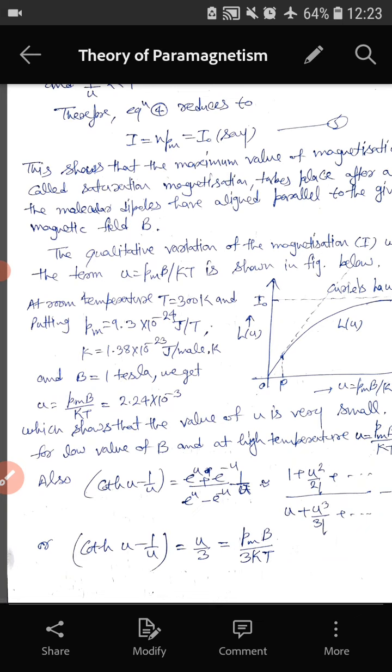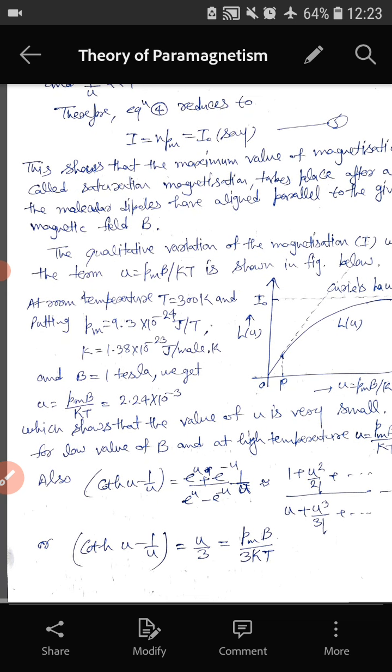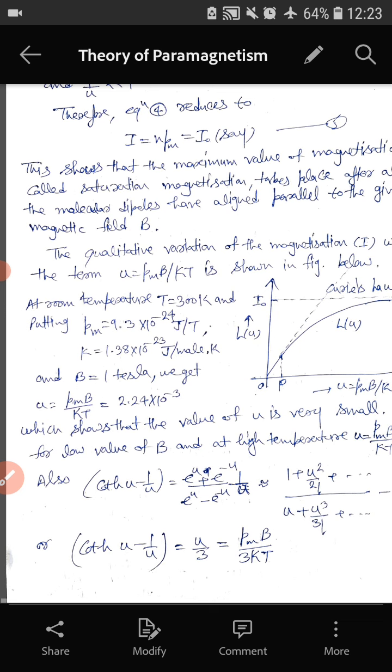So if we solve this for this case, ultimately what we will get is this term equivalent to u by 3, which means pmB by 3kT. And this is the practical thing actually. To achieve very low temperature is impossible, and also to have very high magnetic field is a rare thing.